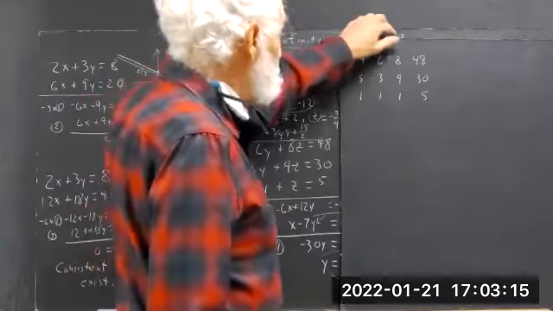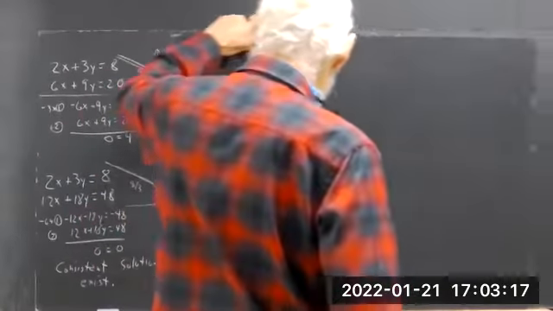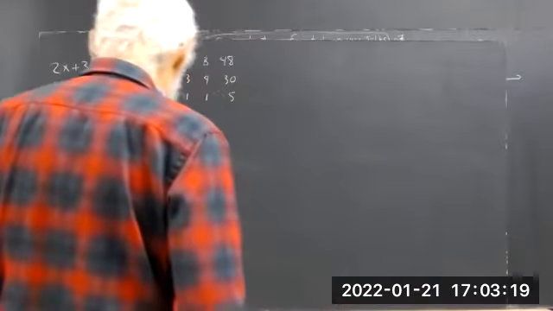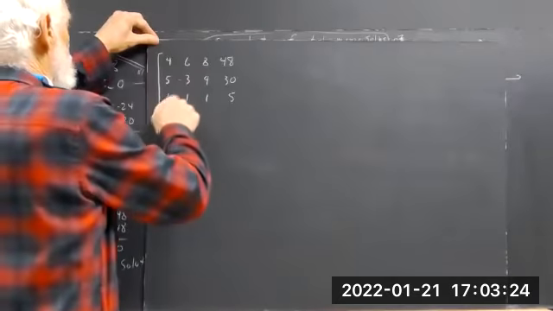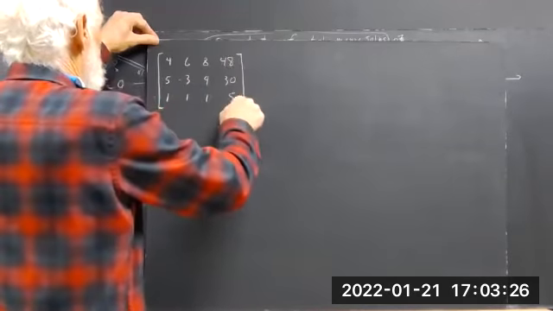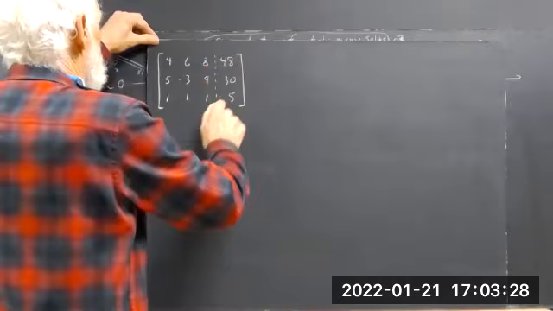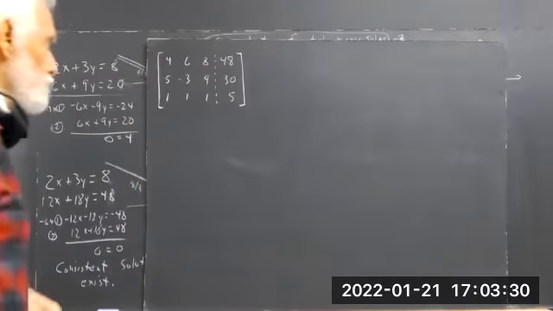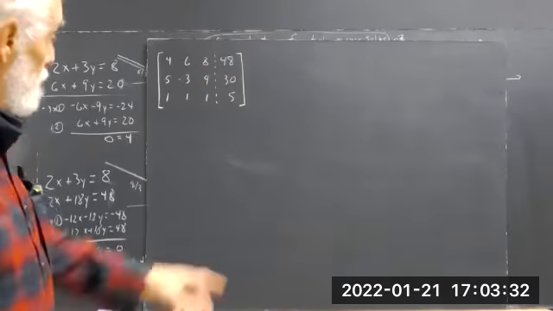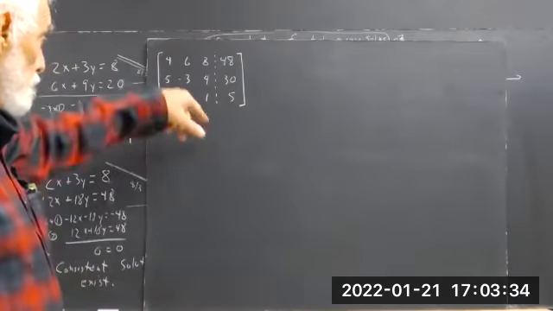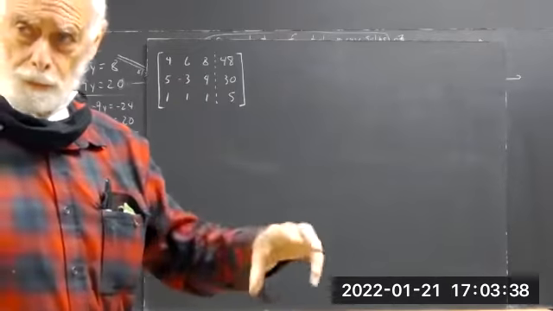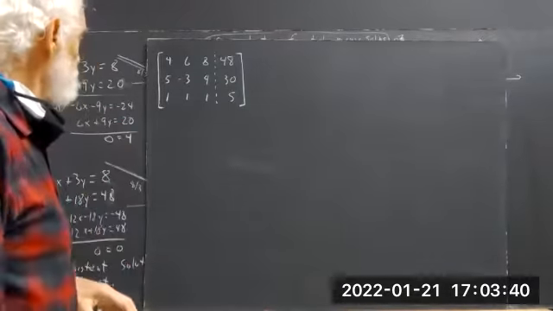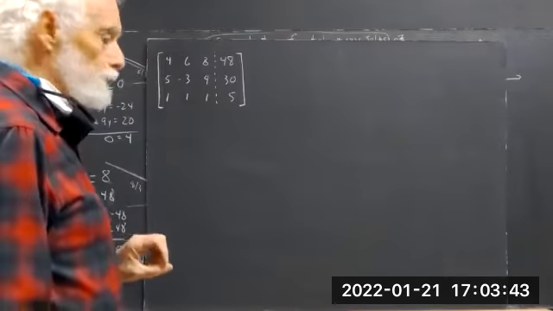Okay. Now, it turns out that in general, I just take those numbers and put a little dotted line here to indicate that this is what we call an augmented matrix. We'll see how to use this augmented matrix.